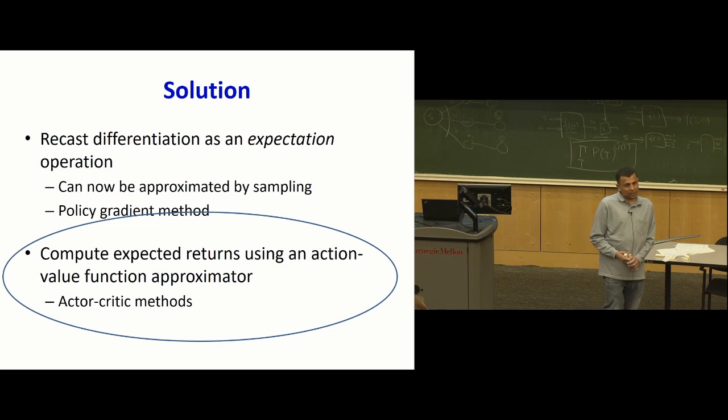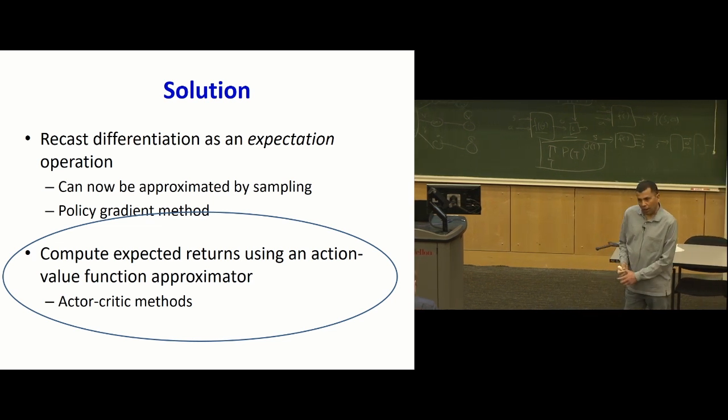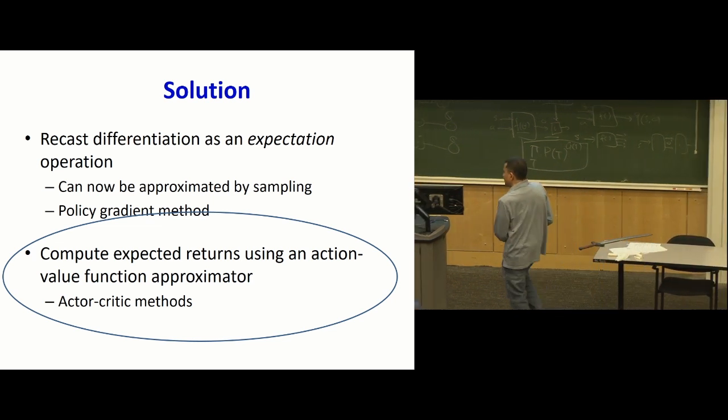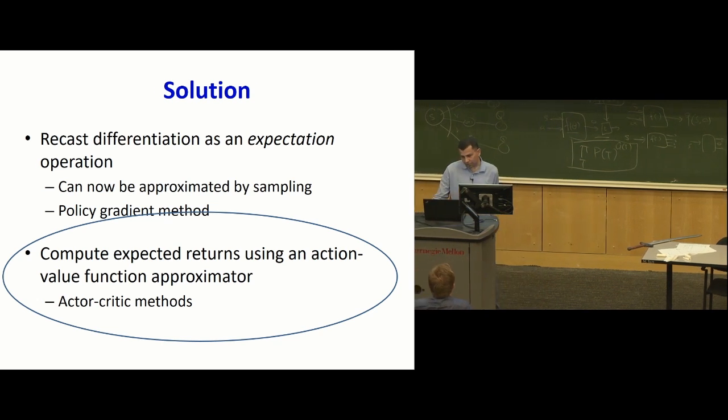So what is the fundamental difference between actor-critic methods and policy gradient methods?